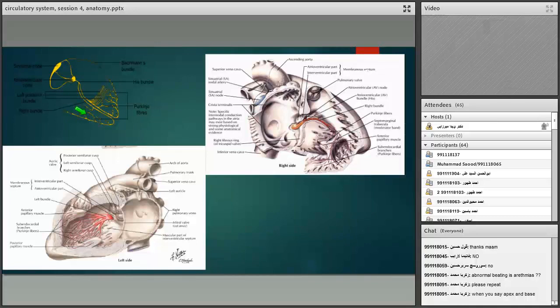So the conduction is passing from the apex to the base, not from the base to the apex. The direction of the conduction of the heart is from the apex to the base. The Purkinje fibers are placed in this direction.